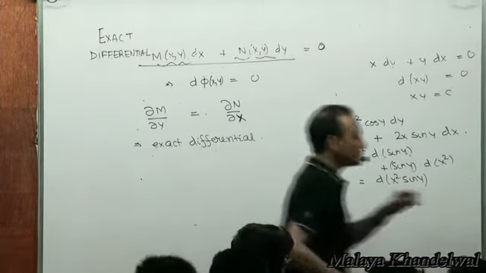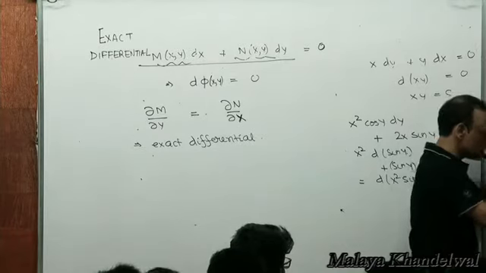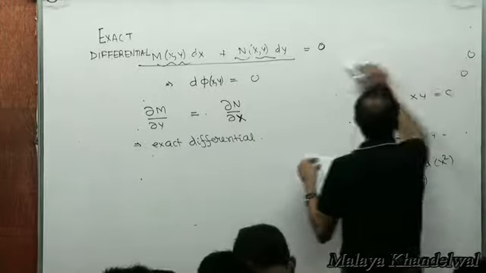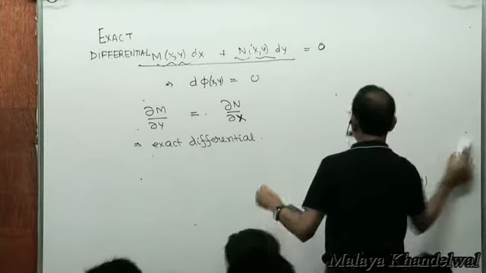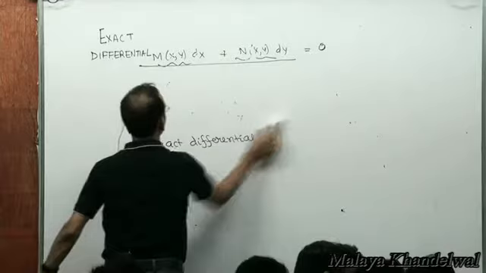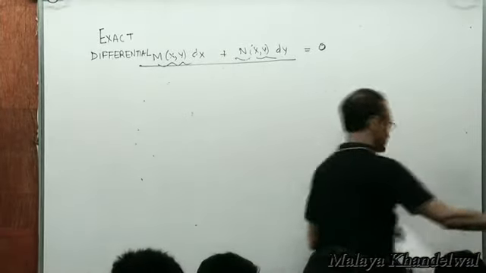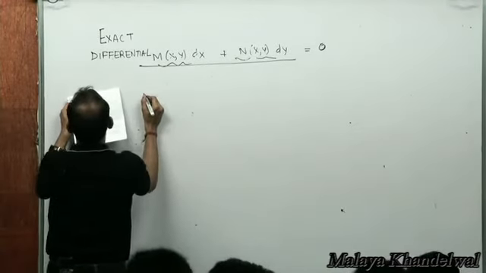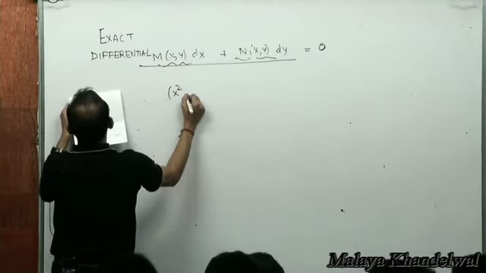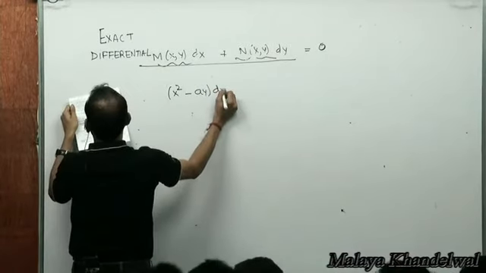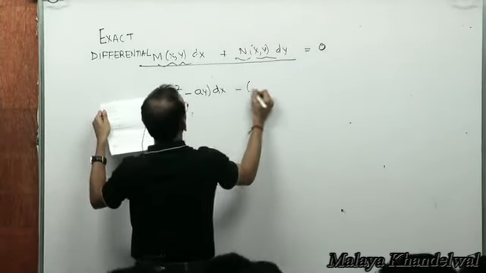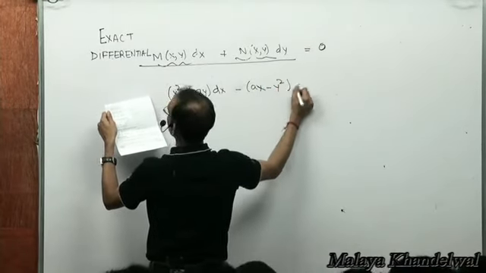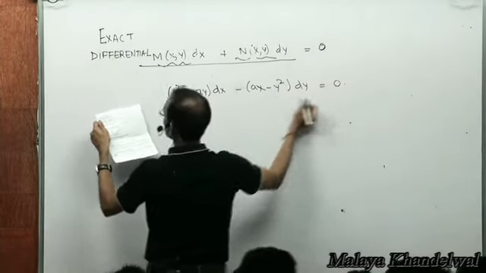Now, let me give you an example. Check this sheet, problem sheet. (x squared minus ay) dx minus (ax minus y squared) dy equal to 0.